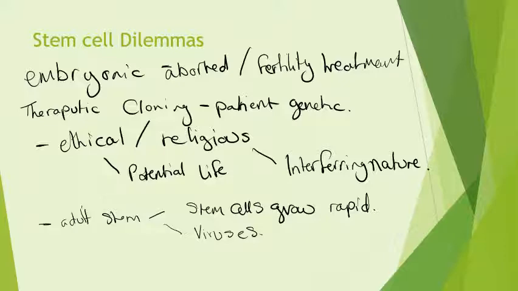Obviously, there is the positive aspect that you are having the potential to cure illness and disease. And so that does have a positive aspect and a positive value as well. But you can see it's quite a complex argument, and in an exam question you're going to need to be prepared to argue both the positives and the negatives.